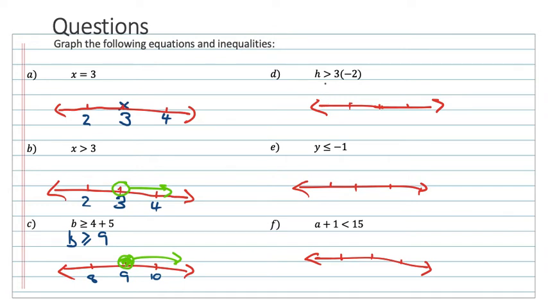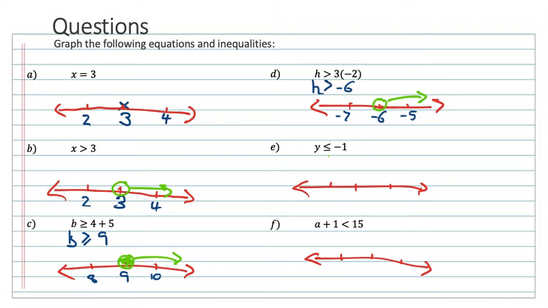Going over, h is greater than 3 times negative 2. Evaluating, that's negative 6. So negative 6, negative 7, negative 5. So we'll draw an open circle on the negative 6, and it points to the right.